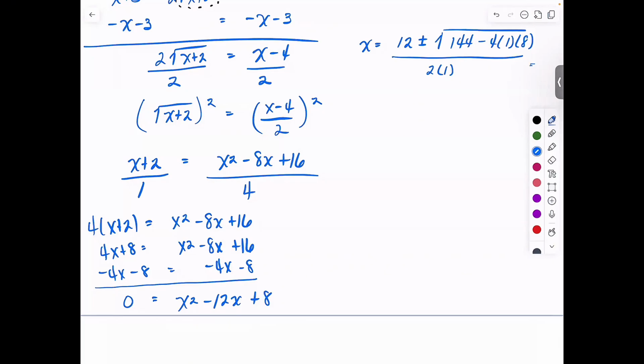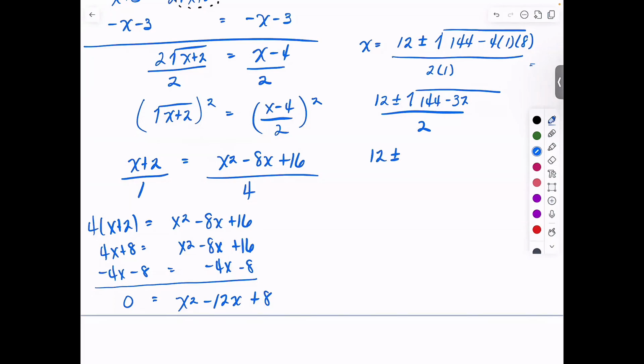All right, so 12 plus or minus the square root of 144 minus 32, over 2. This is clearly not factorable, but 144 minus 32 is 112.